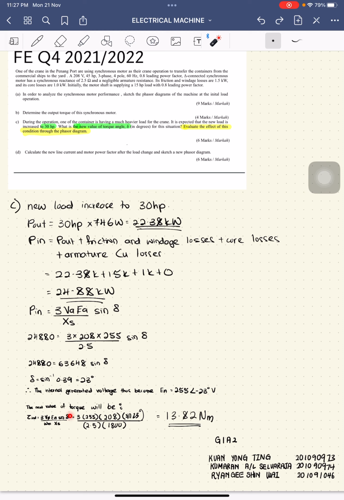The new value for torque will be this one: torque equals 3 V phase EA sine delta over your omega m times your synchronous reactance. So you can get the answer, which is 13.82 Newton meter.